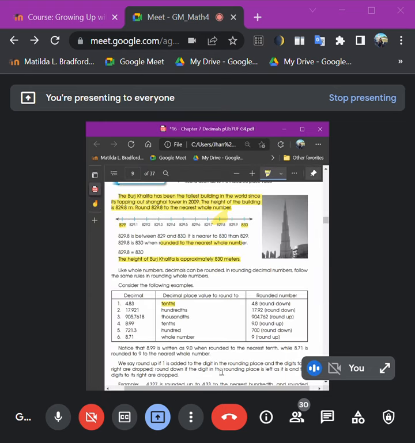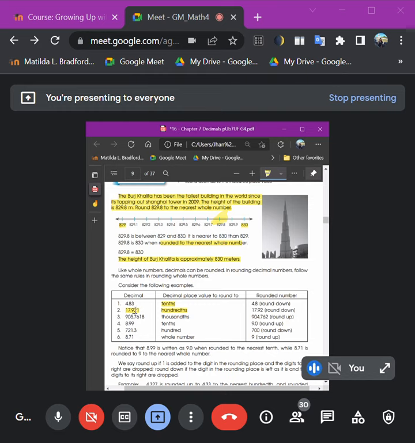So actually, we can see more examples here. Here, class, we have 17 and 921 thousandths, and we're going to round it off to the hundreds place. Where is the hundreds place, class? In the given number, it is 2.